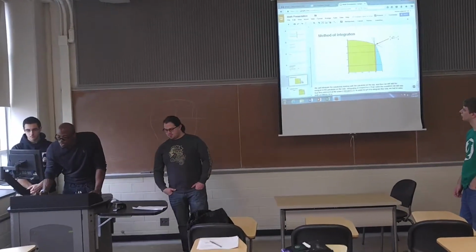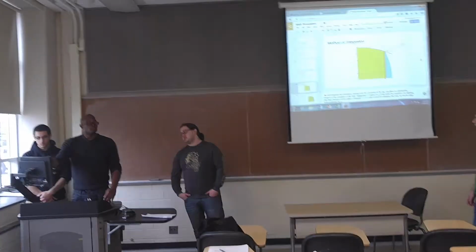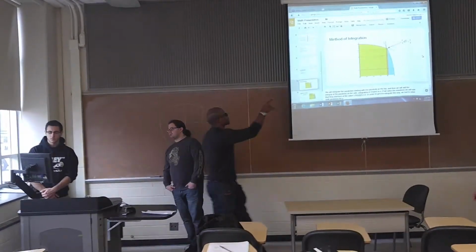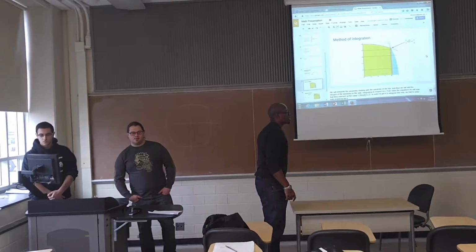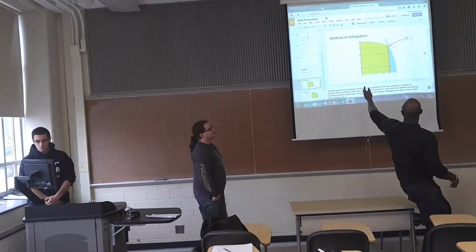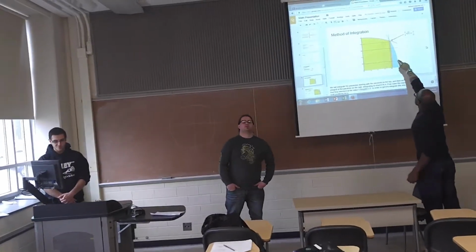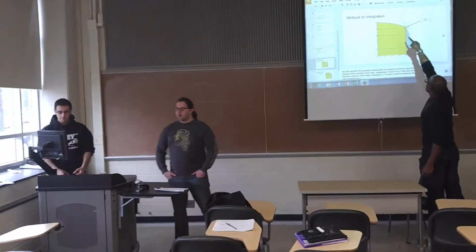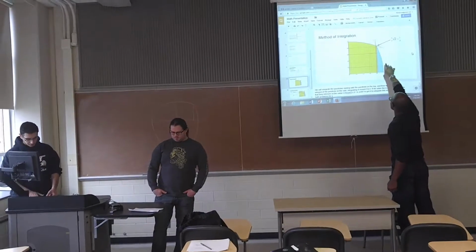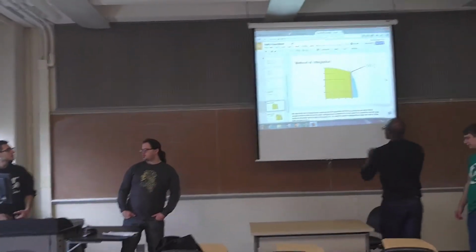Here's the picture of it. Right there is the intersection, and just as Kevin said, we're going to be integrating from right here to right here. Remember, this is the right parabola, that's the top parabola, that's where they intersect, and we're going to integrate basically horizontally.